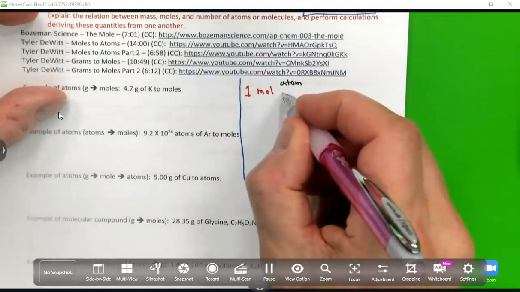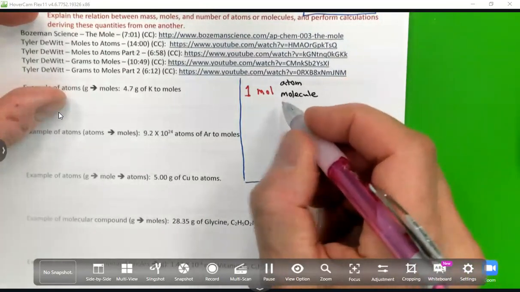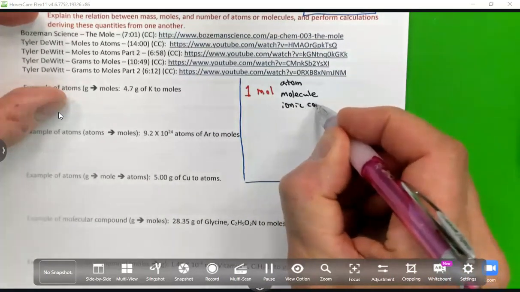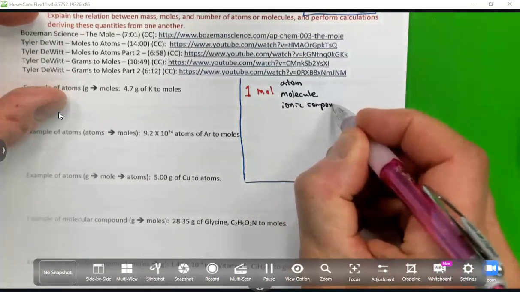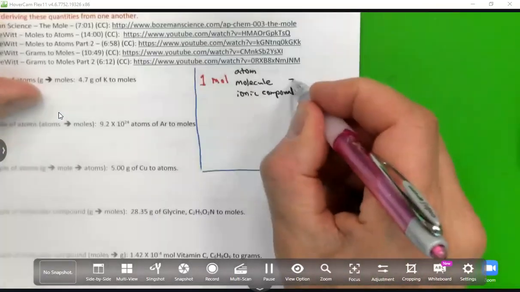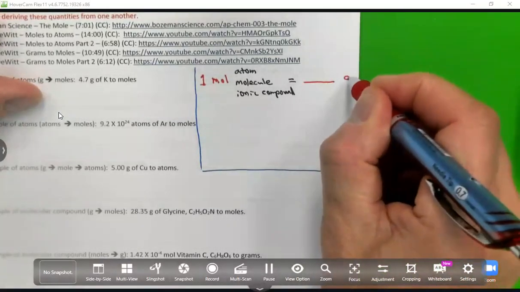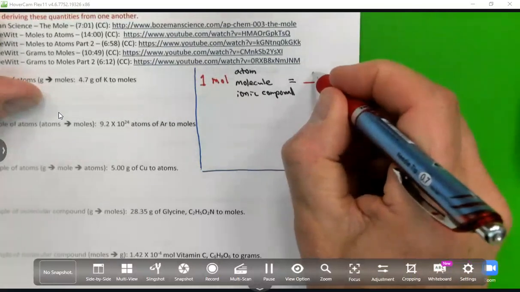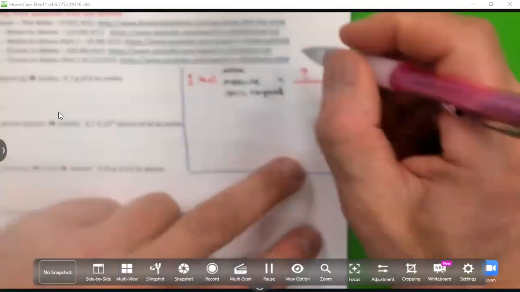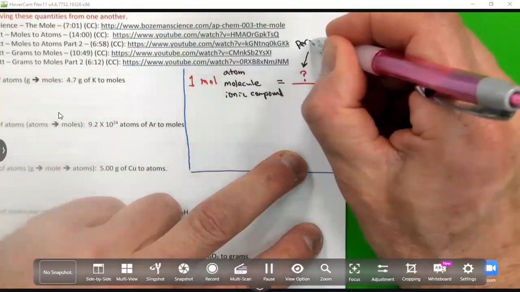We could use molecule, or it could be an ionic compound. Equals grams. How are we going to figure out the grams? We're going to be using the periodic table.